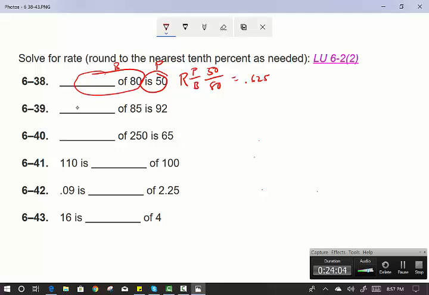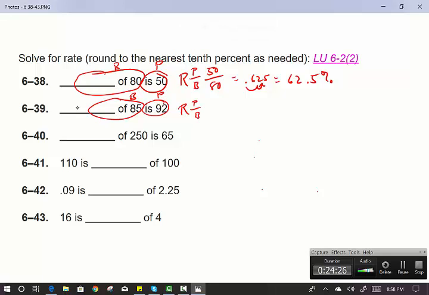To convert your decimal to a percent, move the decimal point 2 places to the right to equal 62.5%. Okay, number 39. The number associated with "is" or "equal" again is your part. The number that follows "percent of" is your base. Again, we're solving for the rate, which is equal to the part divided by the base.